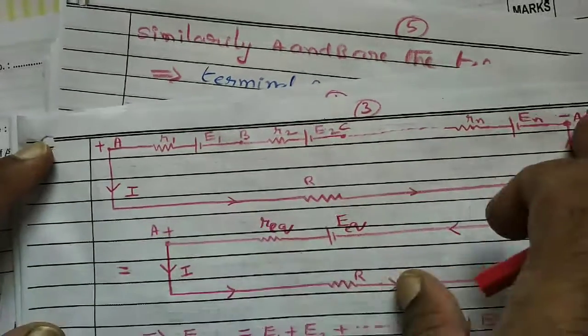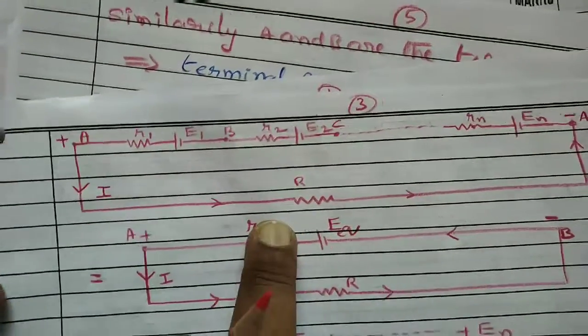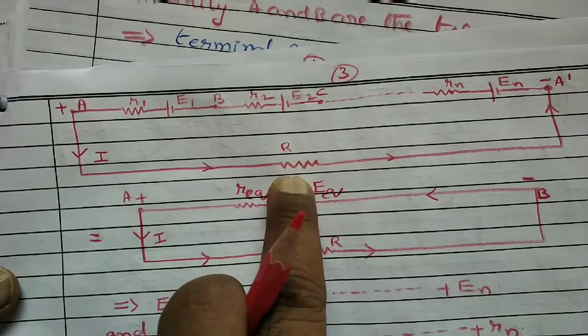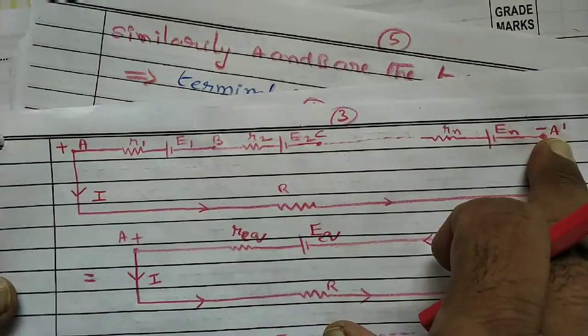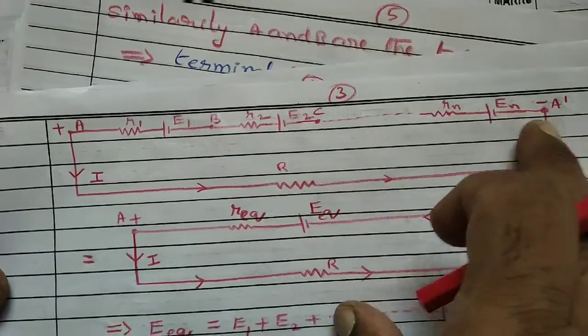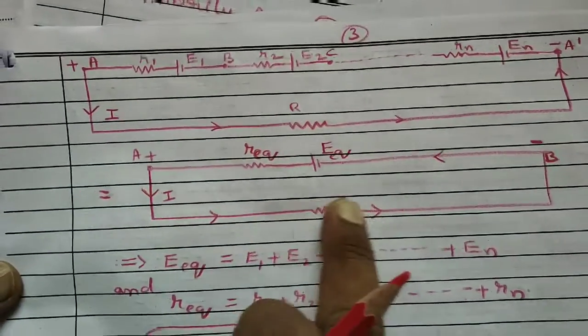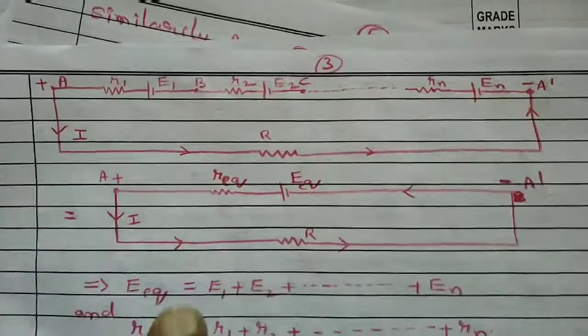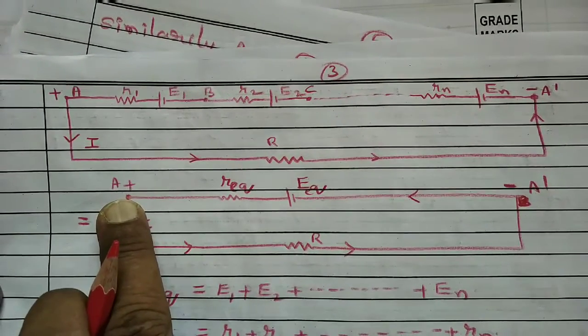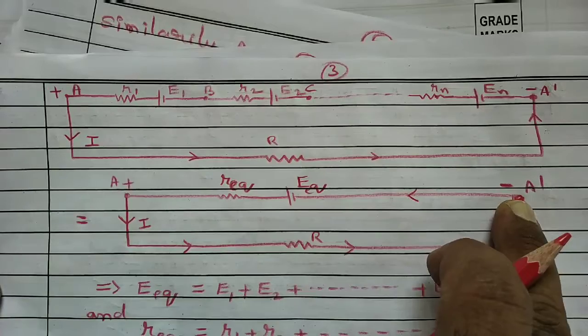So all n cells are in series. Then this R is the externally connected resistance, and A is battery positive and A dash is battery negative. Then the equivalent circuit is this, A and A dash. So all the cells are present within A and A dash.